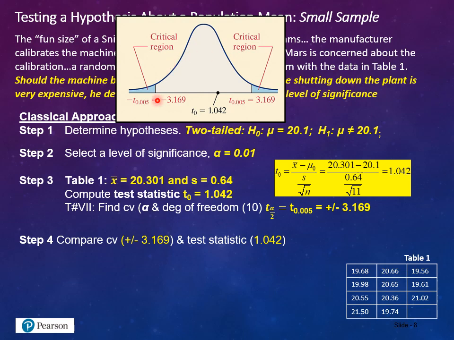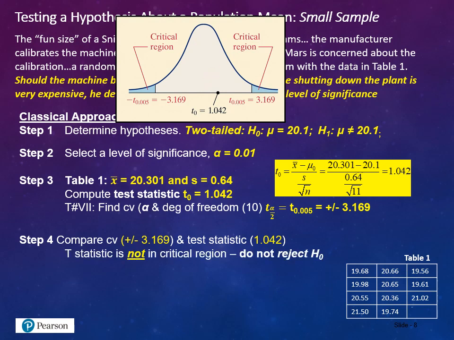The values less than the negative t sub alpha over 2, and the values that are positive and greater than the positive t sub alpha over 2 are the two critical regions. And what we're checking is to see if our test statistic is inside those critical regions, which it is not.